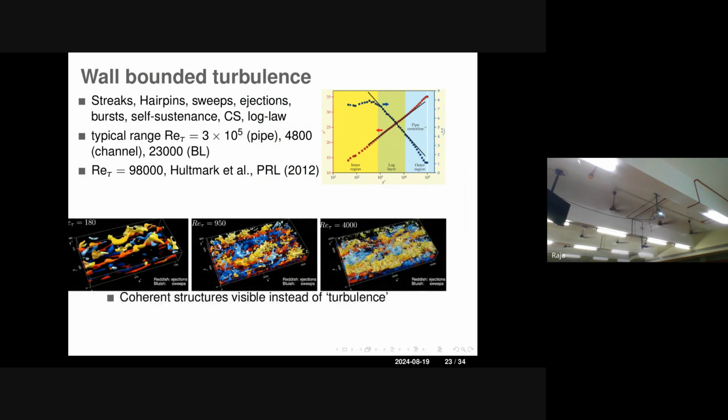Typically, the results are based on wall shear, usually channel flows and so on, on how much shear is happening. So I know the shear stress, and I can define a Reynolds number in terms of shear stress. That is what we call Re tau.